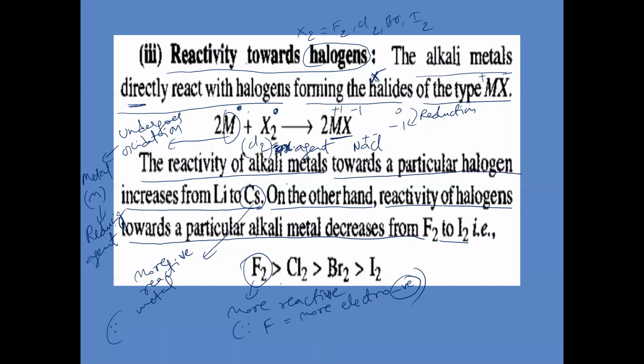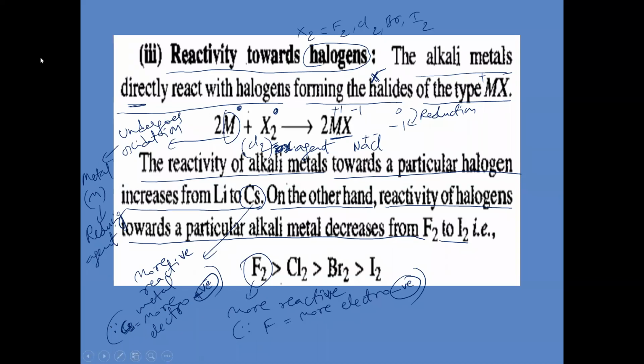And if we take cesium, why is cesium more reactive? Since cesium is more electropositive. As the cesium metal is more electropositive, it is more reactive. Is that clear? This point is very important to understand.